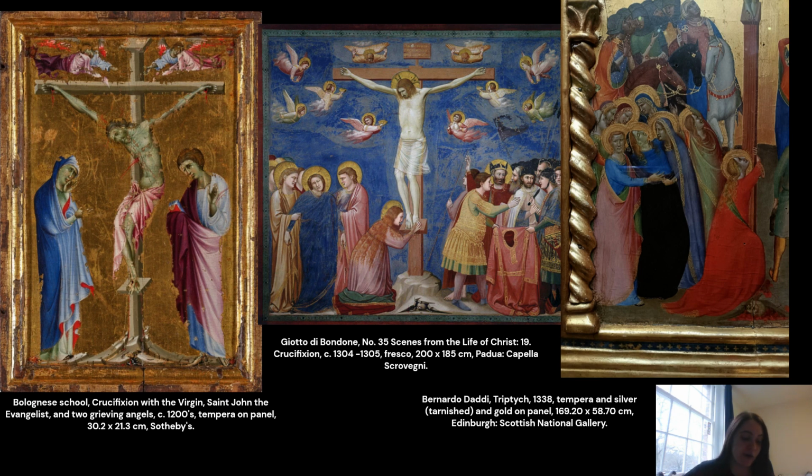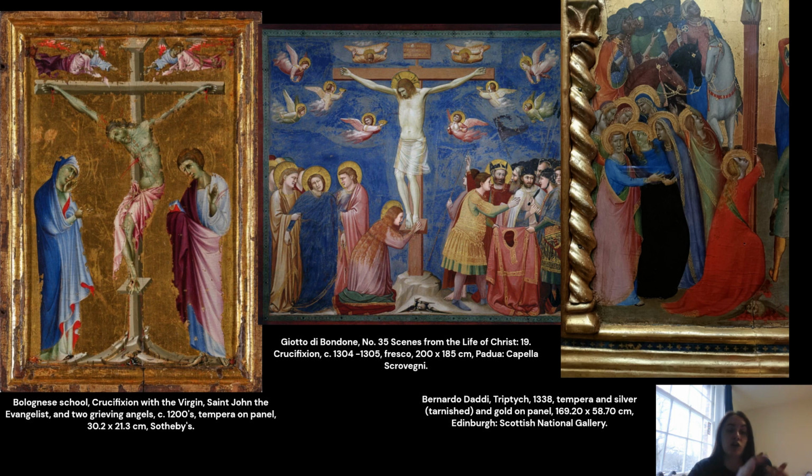So we see from the Byzantine iconographic period that Mary and John are both present at the crucifixion. However, these figures are very poised. No movement is taking place. They're simply standing.